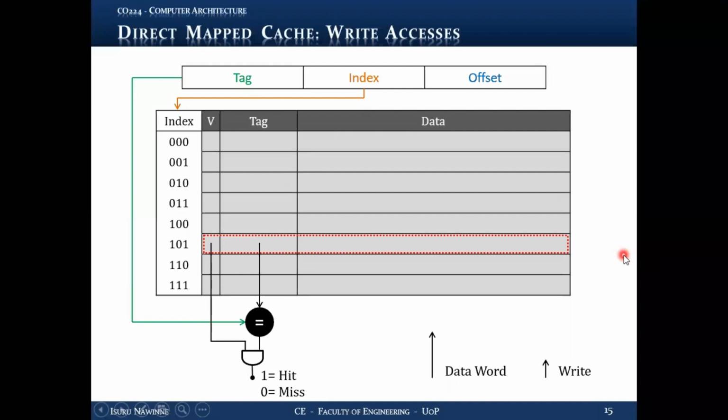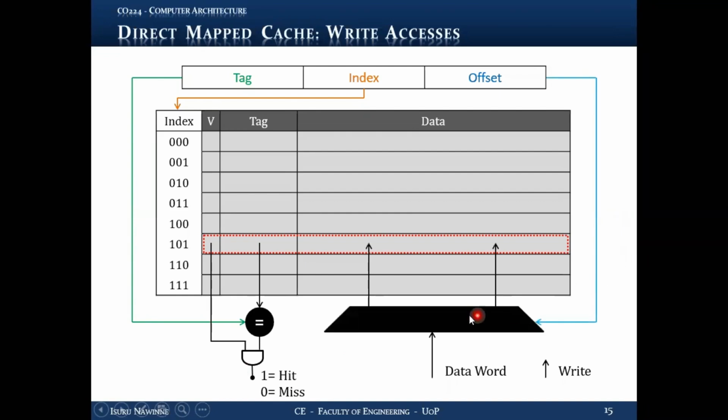Now, the writing. What we have here in the input interface of the cache controller is a data word, and we need to figure out which word in the data block this address is referring to.